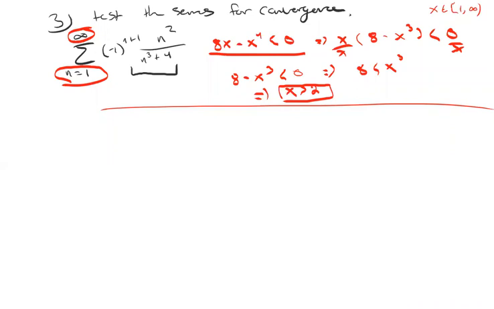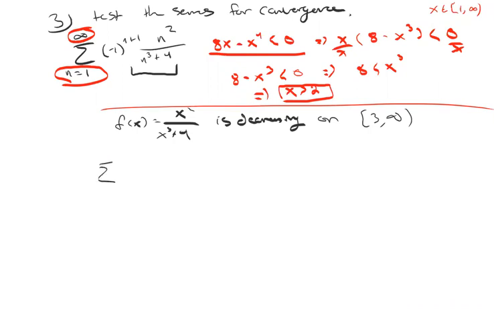All right, so f of x is x squared over x cubed plus 4 is decreasing on the interval 3 to infinity. So we can apply the alternating series test. We're going to modify this a little bit.